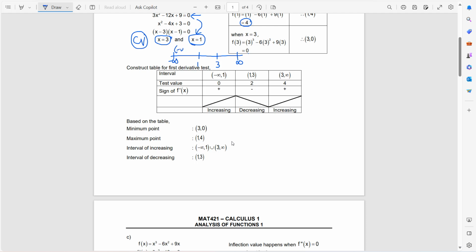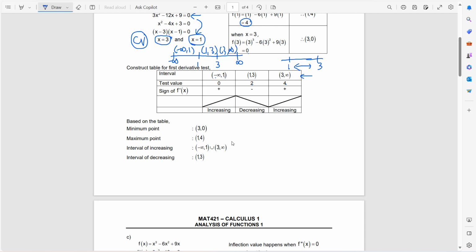So we get the intervals negative infinity to 1, 1 to 3, and 3 to infinity. And then we just choose a value that lies in each interval. So for negative infinity to 1 we have 0, for 1 to 3 we have 2, and for 3 to infinity we choose 4. You can choose any numbers between them.